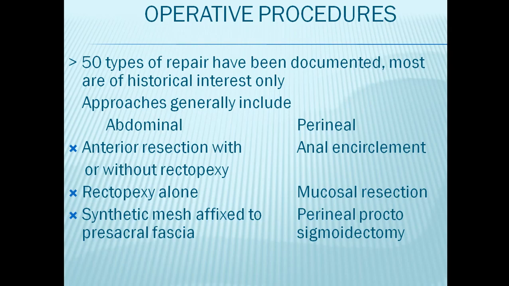Or maybe a rectopexy alone, or sometimes a synthetic mesh is affixed around the rectum and attached to the presacral fascia. Whereas in perineal, you have the anal encirclement, what is called the Thiersch wiring, the mucosal resection called the Delorme's operation, or the Altemeier's operation, or the perineal proctosigmoidectomy. So these are the perineal procedures.